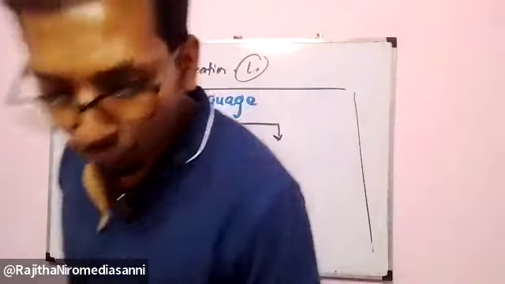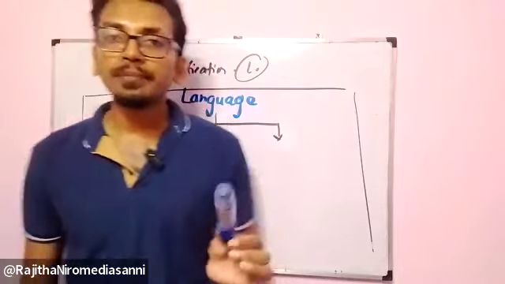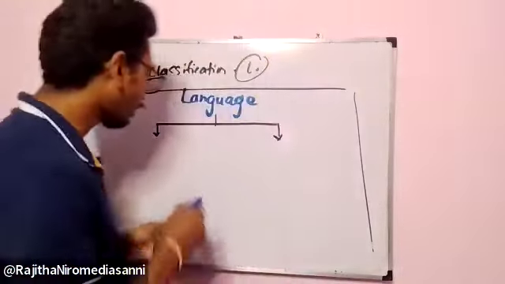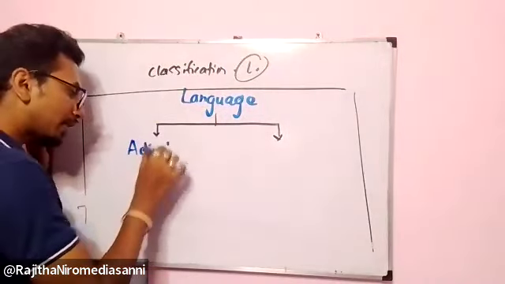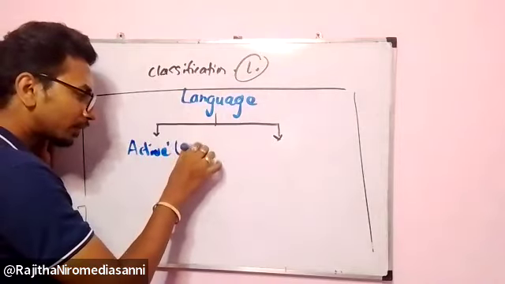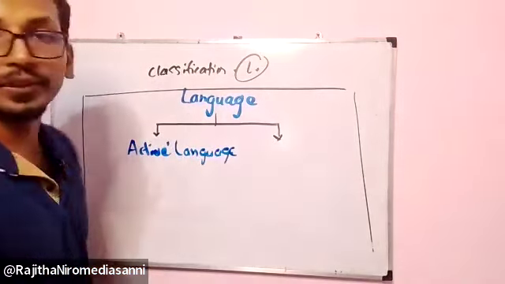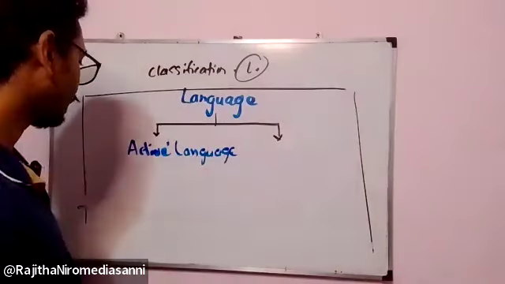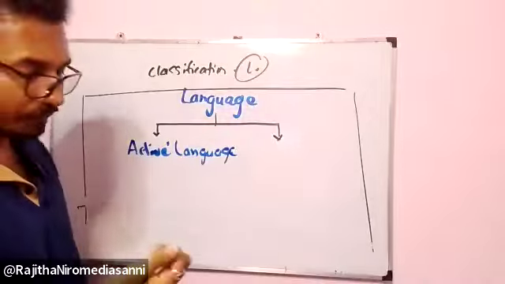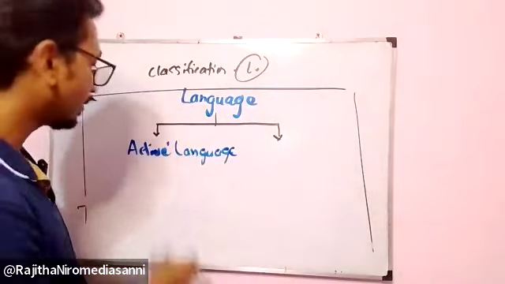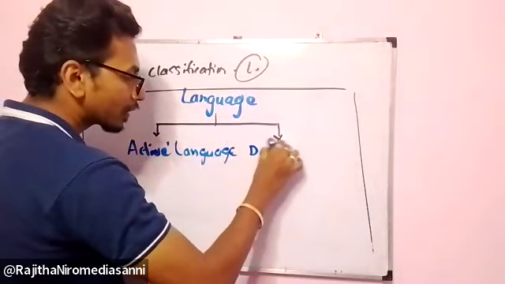Right. Now, you have to know there are 2 types of languages we can see in here. Firstly, active languages. In here, just write deactive languages.